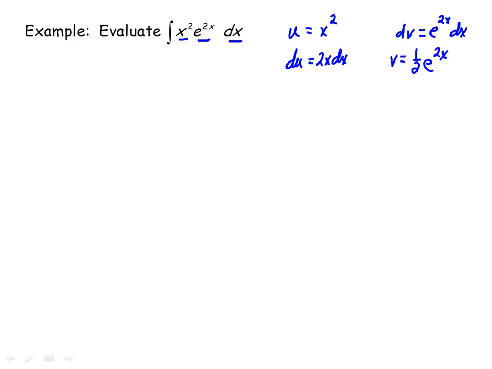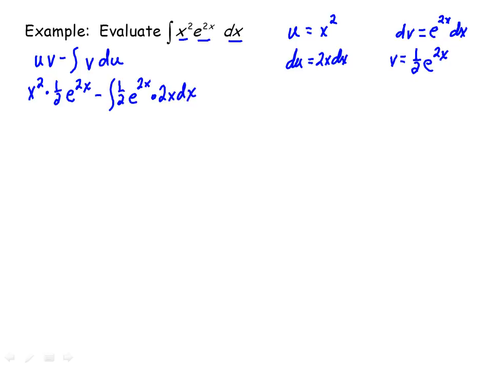Okay, now let's substitute in. Again, you should have the formula somewhere: u times v minus the integral of v du. So u is going to be x squared, v is 1/2 e to the 2x, minus the integral of v, which is 1/2, times du, which is 2x dx.